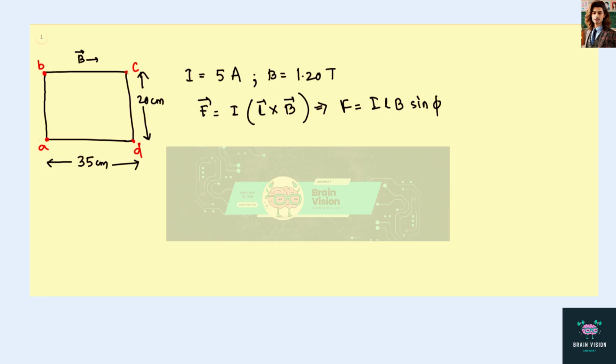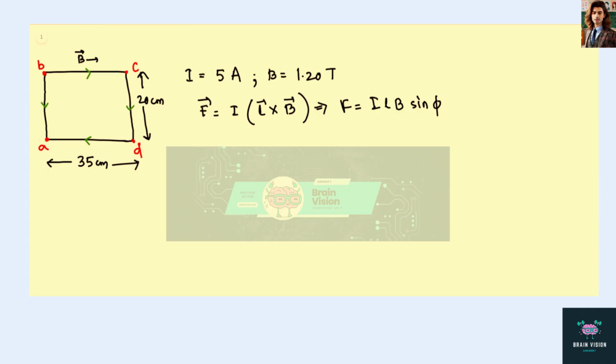So if the current is flowing like this, so basically this is the direction of current. So current is clockwise, and for BC, the current is parallel to the magnetic field, or L is parallel to the magnetic field, and for AD they are anti-parallel.